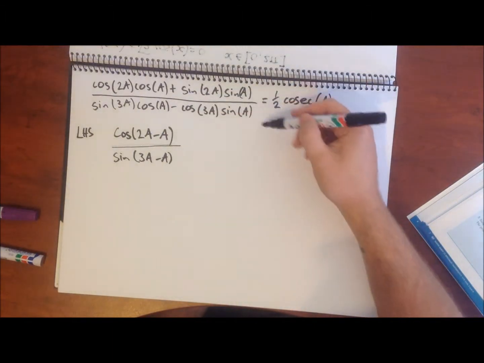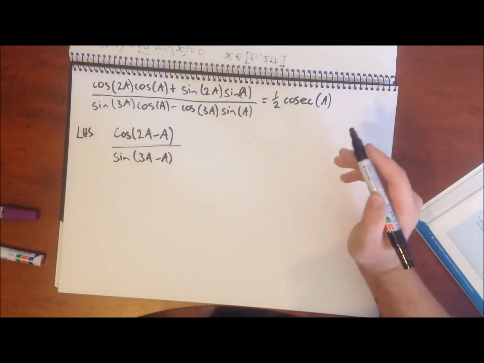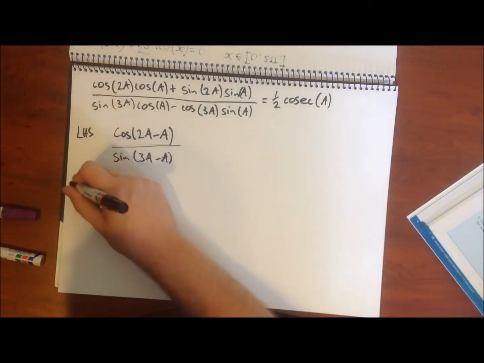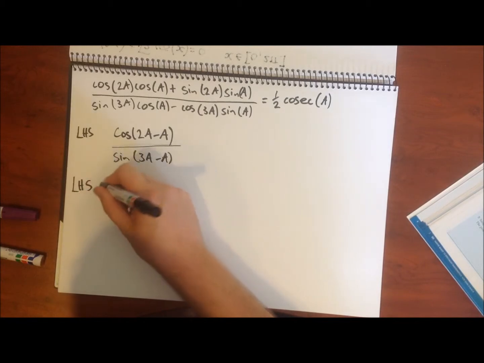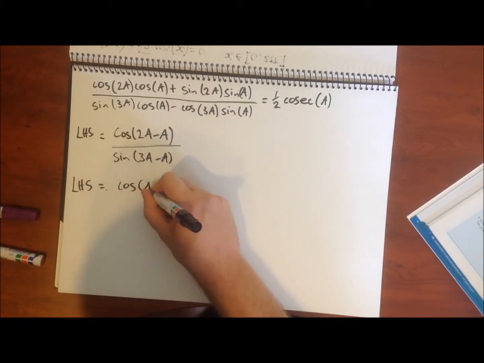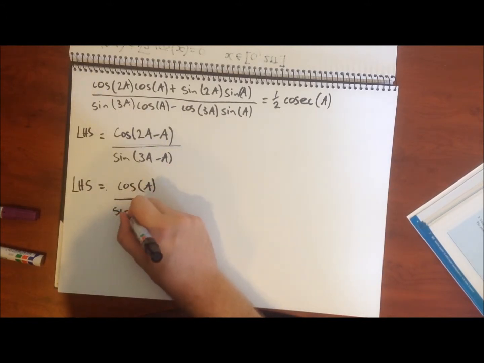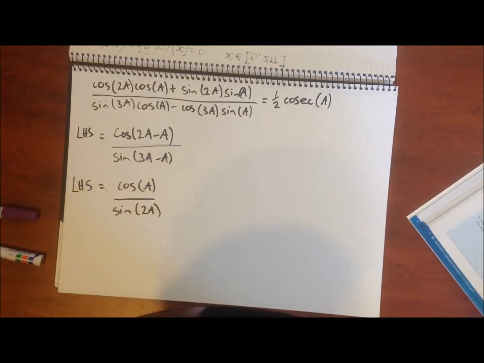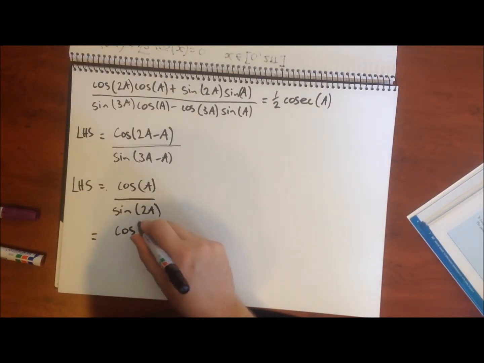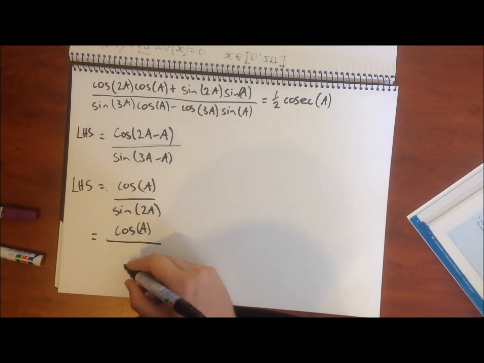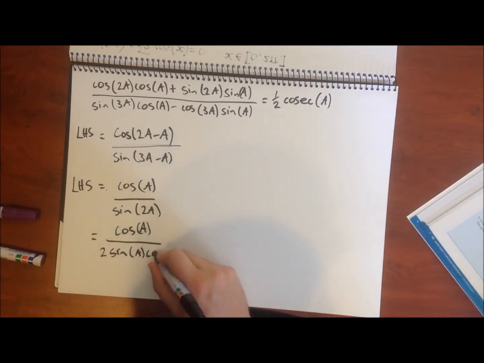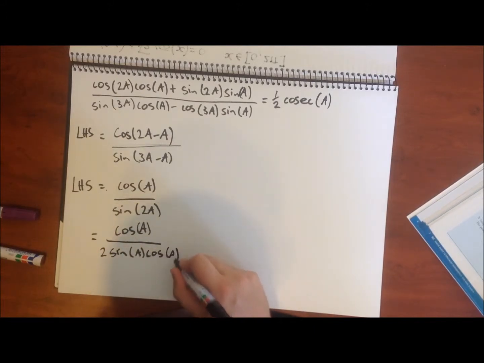Okay, so these are some of our formulas that we've seen in our previous tutorials. That helps us a fair bit because we can say that our left hand side is equal to cos of a over sine of 2a. And we know that sine of 2a is equal to 2 sine of a cos of a.